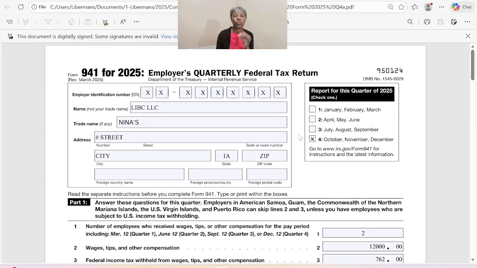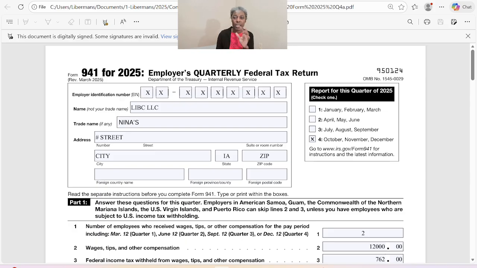You are going to choose the quarter you are filing for. One form, one quarter. If you didn't file for the previous quarters because maybe you didn't have wages, you cannot select all the quarters on one form. One form, one quarter.